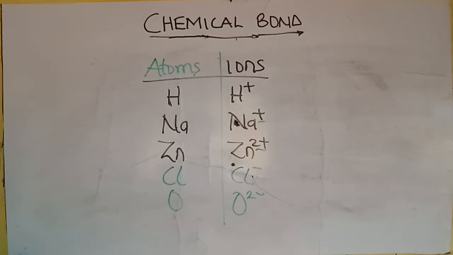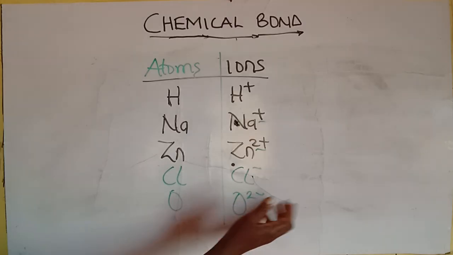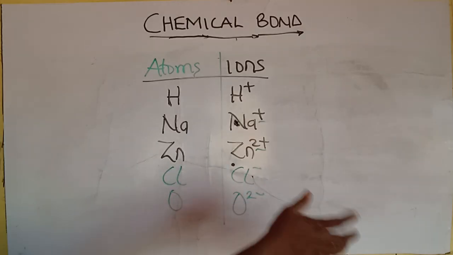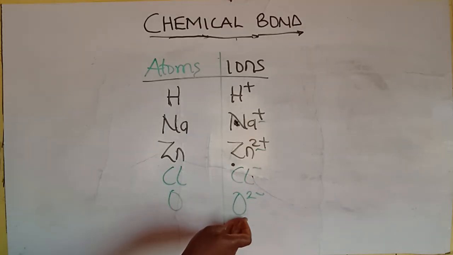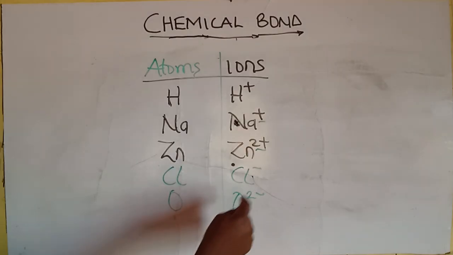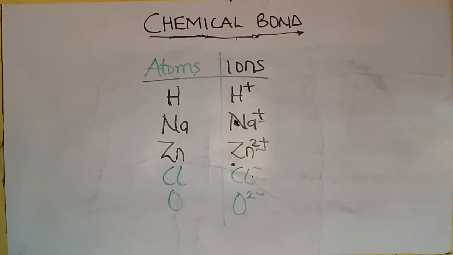While oxygen has 6 electrons in its valence shell, so it will attract 2 extra electrons to itself to reach the octet configuration. So it will form oxide ion, which is what we're seeing on the board.